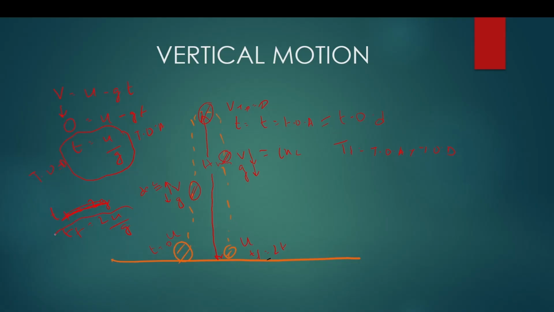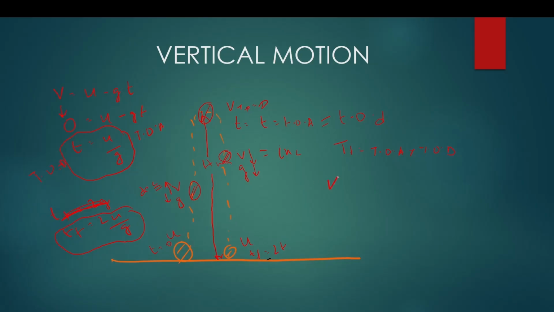You could see we have already found the time taken for ascent, the time taken for descent, and the total time of flight. Now we will find the h max.